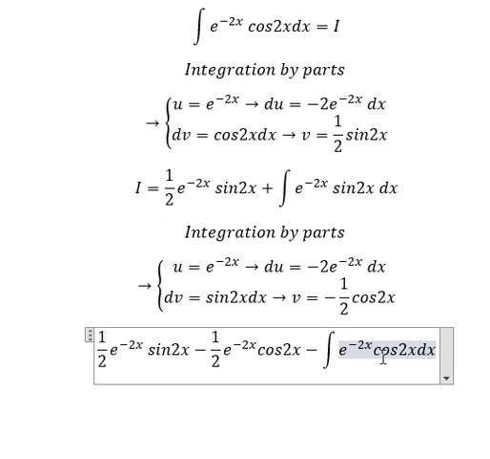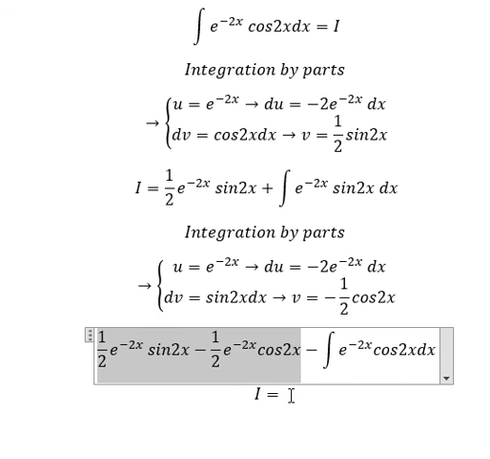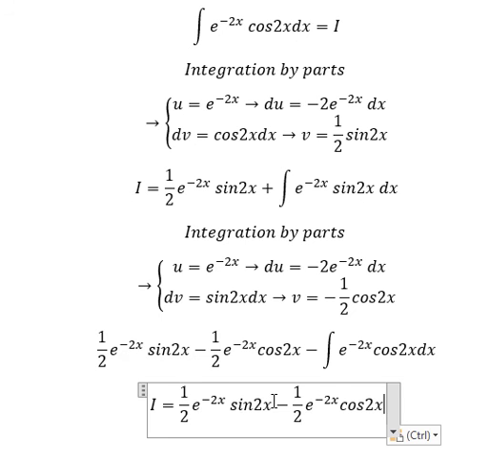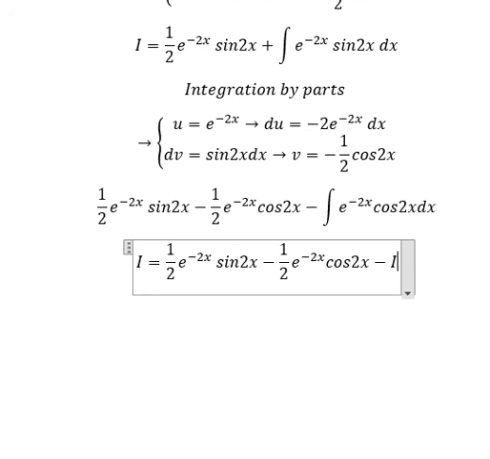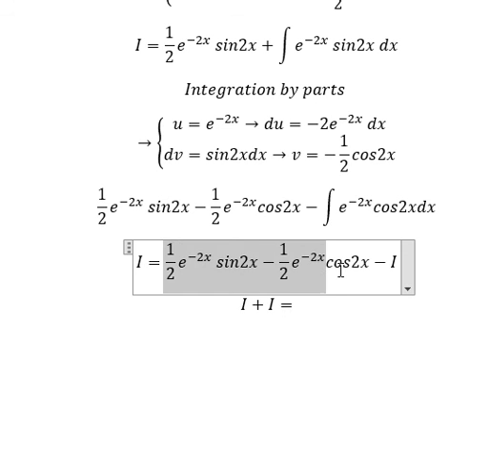We know that all of them equal I. And we know that this one is also I. That means we will have I equals this one minus I. So we put negative I to the left, and we will get I plus I equals this one.